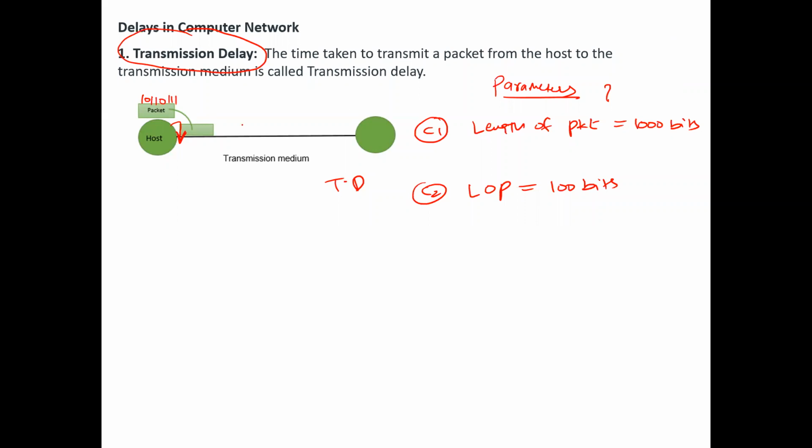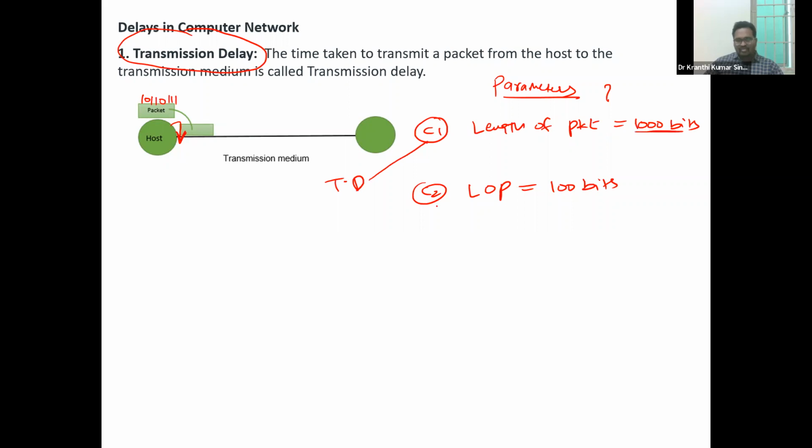It is more in case 1, less in case 2. Yeah, in case 1 the length is more. That's because our definition is the time taken to place this entire set of bits into this link is called transmission delay. If the packet size increases, it will automatically take more time to place it into the transmission link. So if the length of the packet is more, transmission delay is more; if the length is less, transmission delay is less.